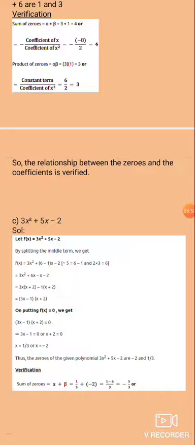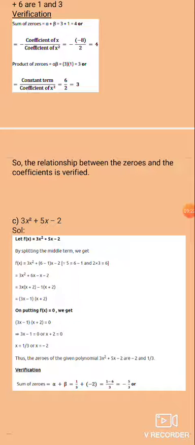Now listen carefully, 3x square plus 6 minus 1 is what? 5x. So when we multiply 6 minus 1 into x, what do we get? 3x square plus 6x minus 1x minus 2. When we take the common factor, 3x into x plus 2 minus 1 into x plus 2. So what is that?